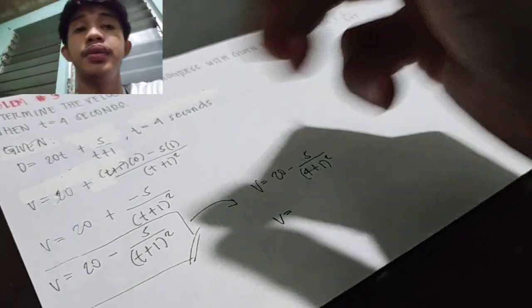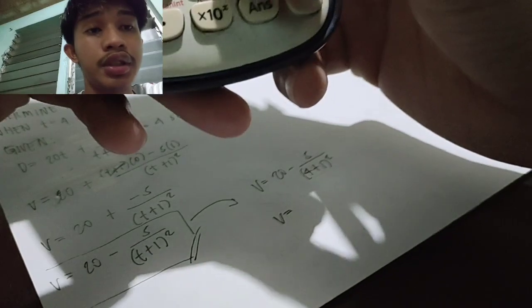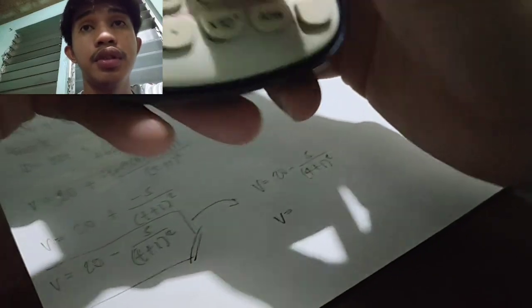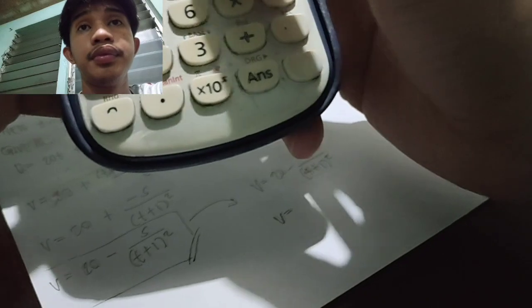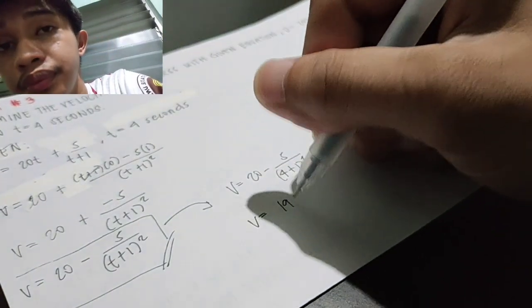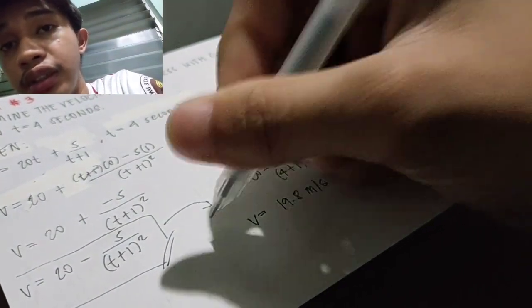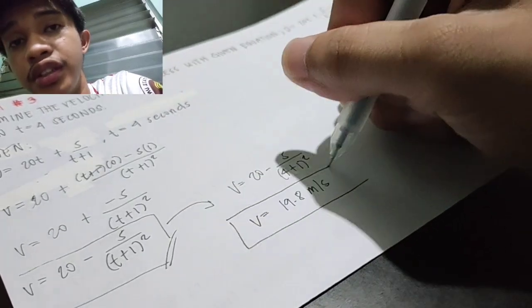We have the answer now. 20 minus 5 over 4 plus 1 squared, 19.8 meters per second. So this is now the answer.